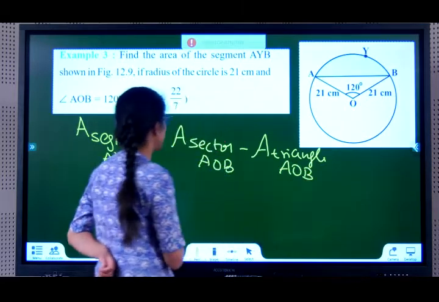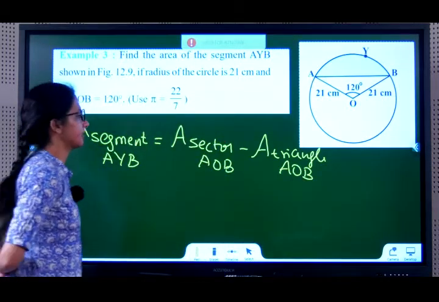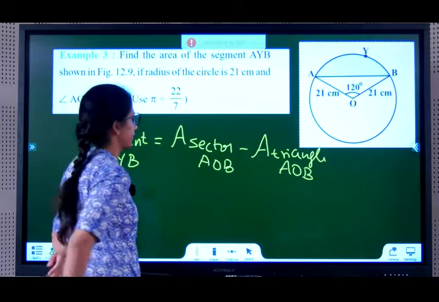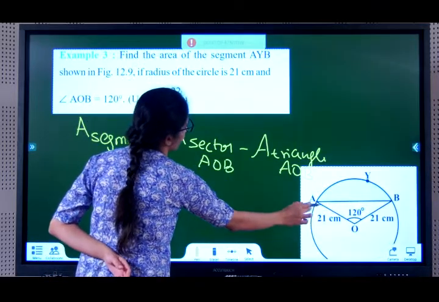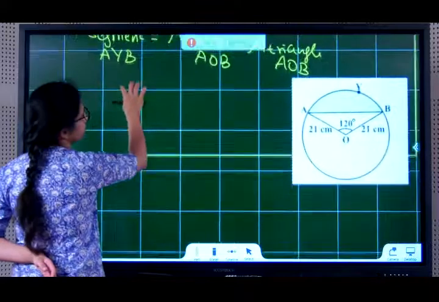So our job now is to first get the area of the sector, then find the area of the triangle and subtract it.